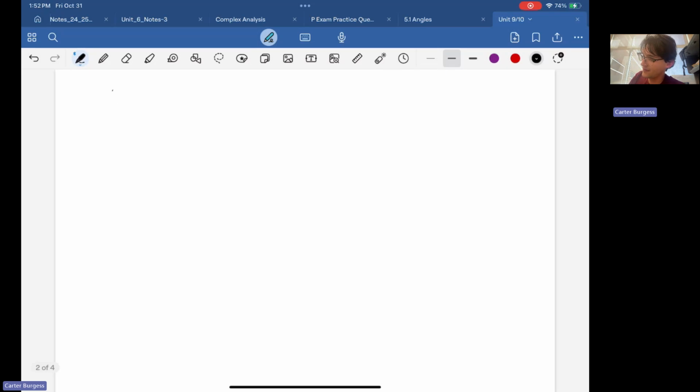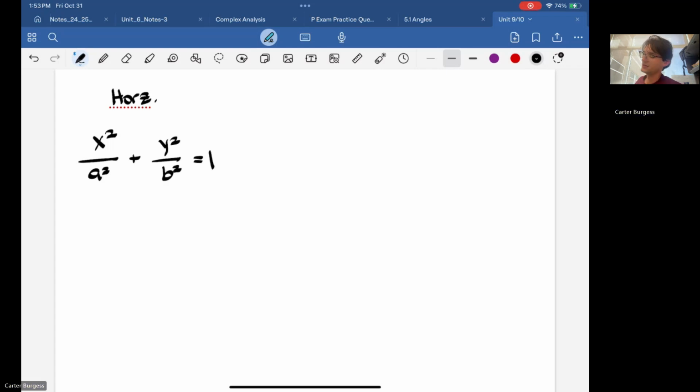If we have a horizontal ellipse, which you will be able to tell basically instantly by determining which axis is major and which axis is minor, then the equation of the ellipse is x squared over a squared plus y squared over b squared is equal to 1.